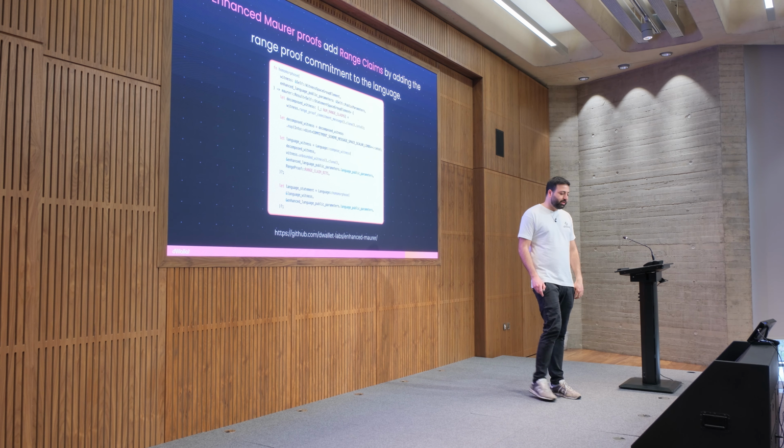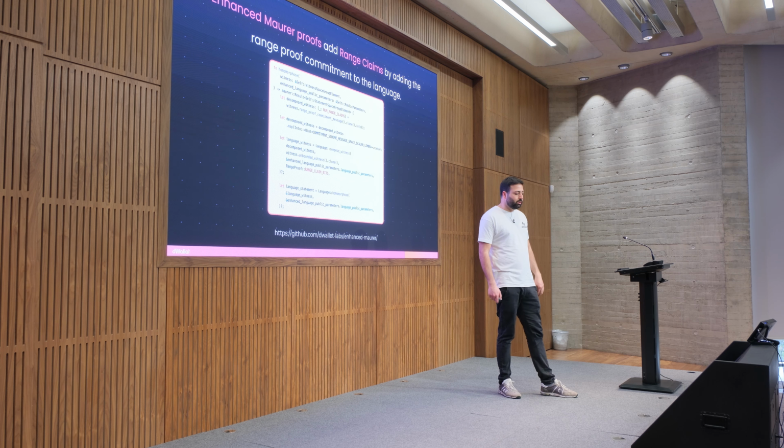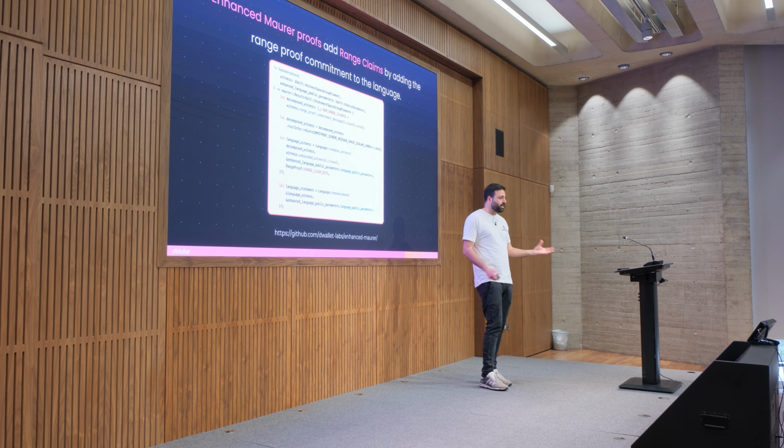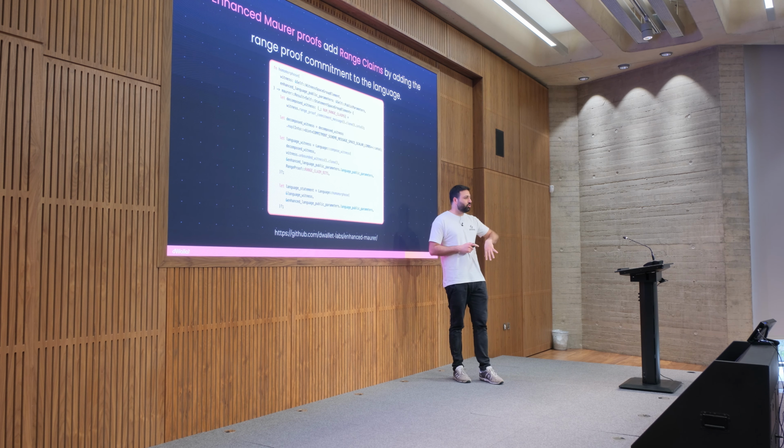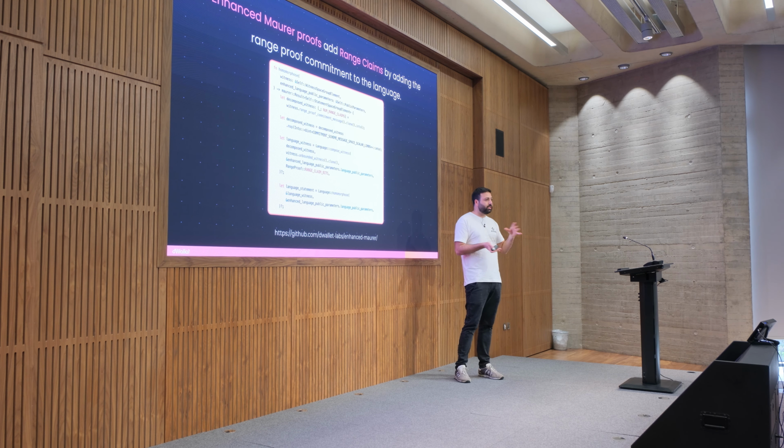And the homomorphism is pretty simple. You can take this message of the commitment space, and you just transform this by composing the message of the range proof onto the witness of the language. If you think about it, I'll show you soon, you have some range proof that you don't know how it works internally.